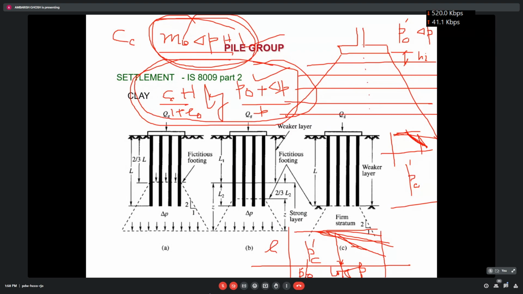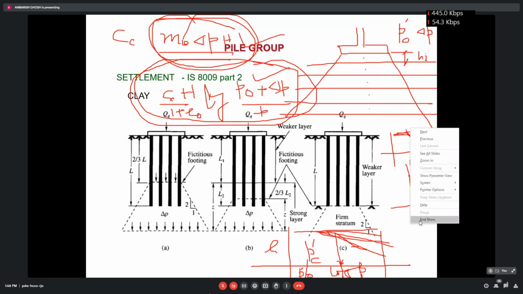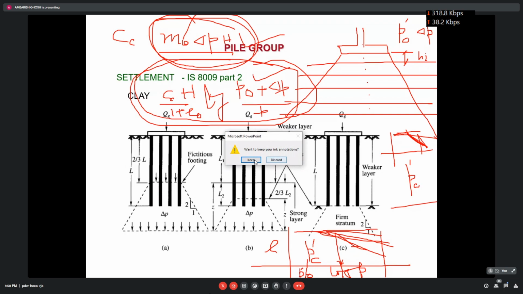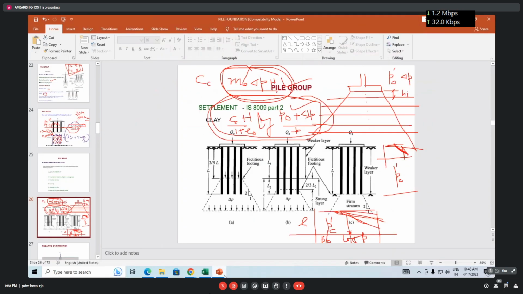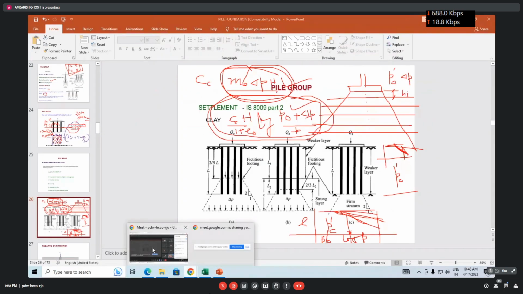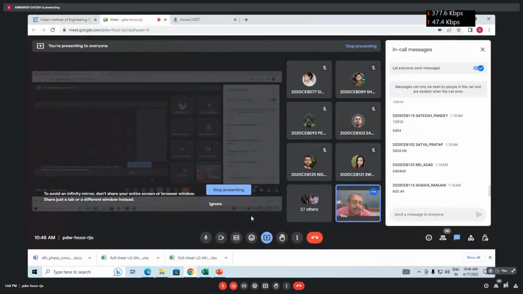What I understood is it is not clear to you: which formula, where to use and why. Is it clear or not? Which formula is to be used and why for settlement calculation for shallow footing? mv or Cc? Today you read and then you ask me if any doubt is there.